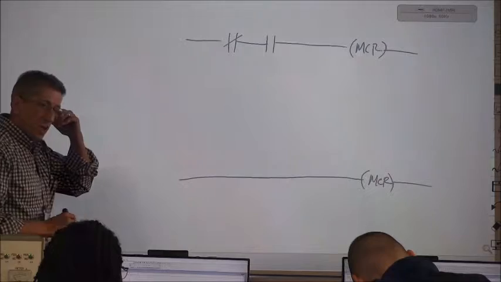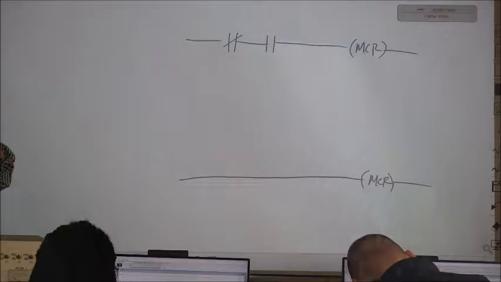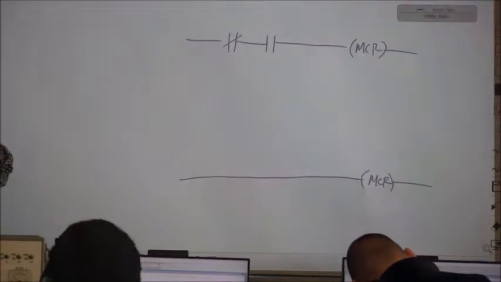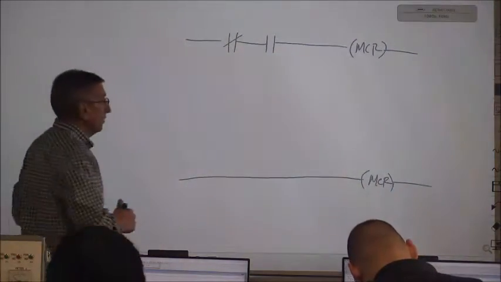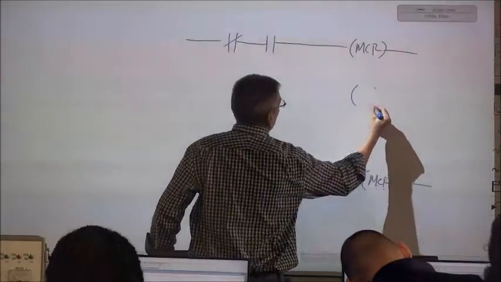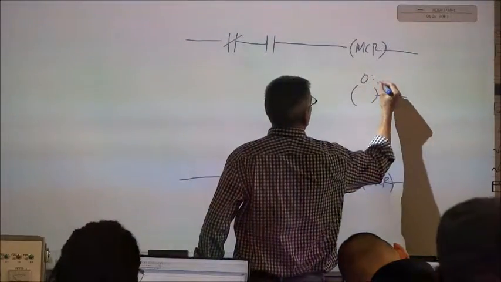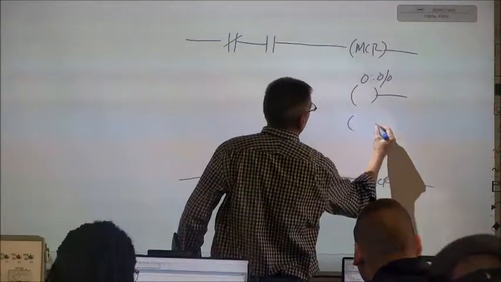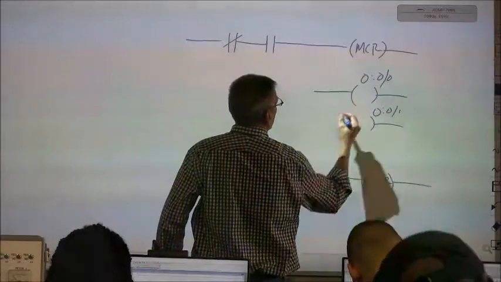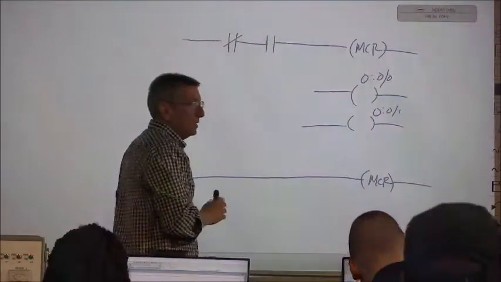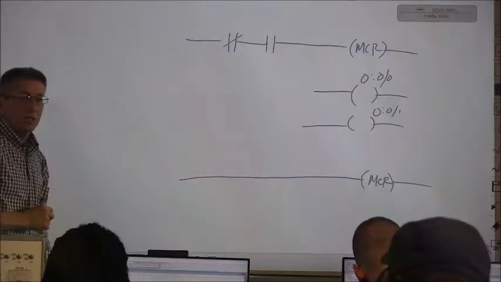So here's a fence zone, and what do we put inside this zone? Yeah, exactly right. It's always outputs in it. O:0/0, O:0/1, and so on. Do you remember how it works?